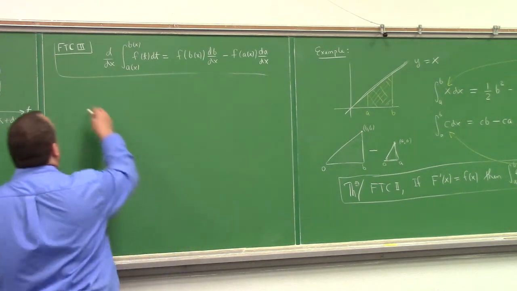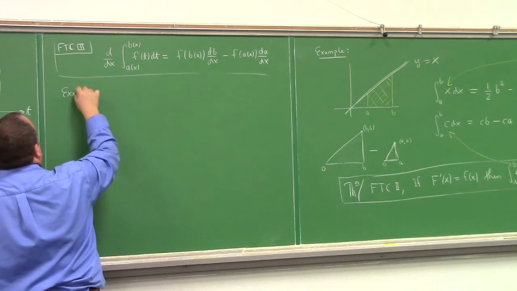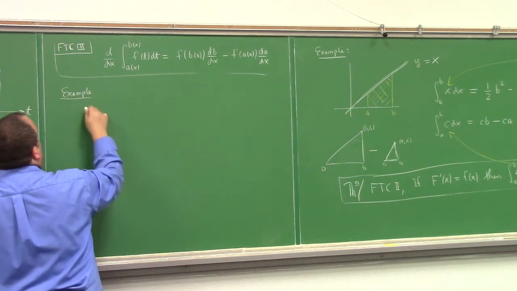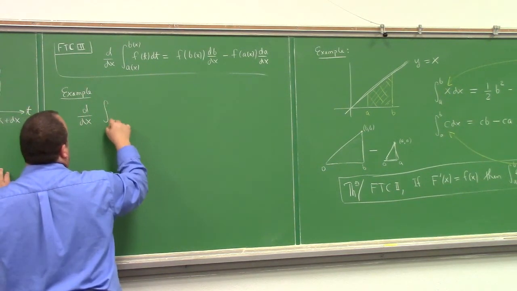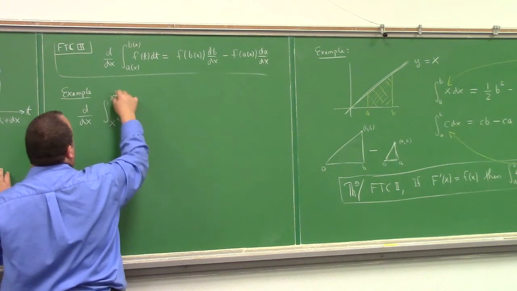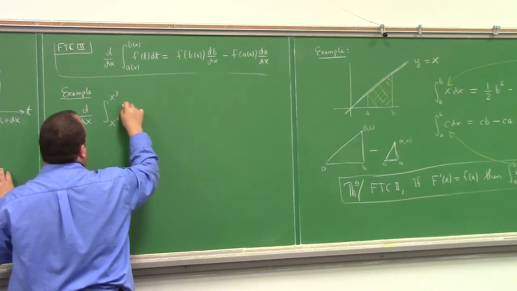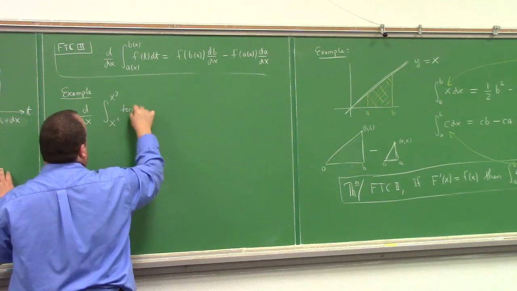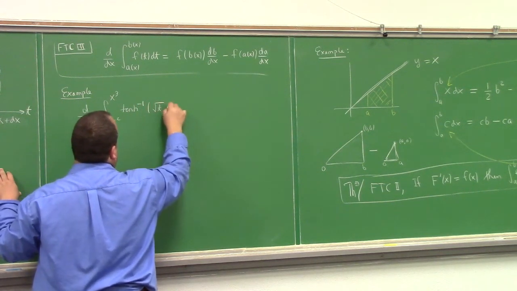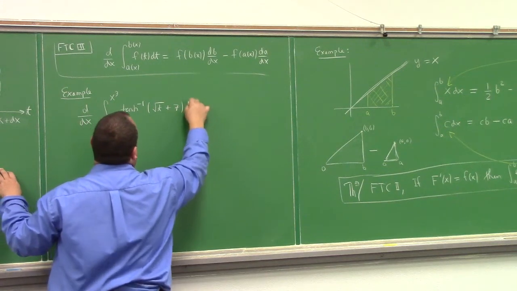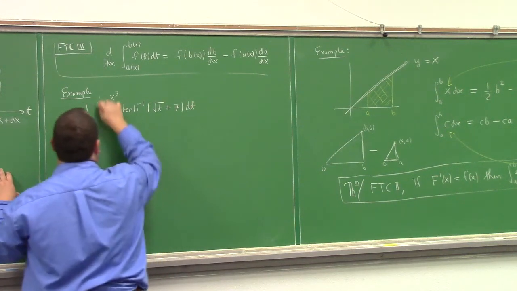For example, let me show you an example. If we were going to differentiate with respect to x the integral from x squared to x cubed of inverse hyperbolic tangent of the square root of t plus 7.